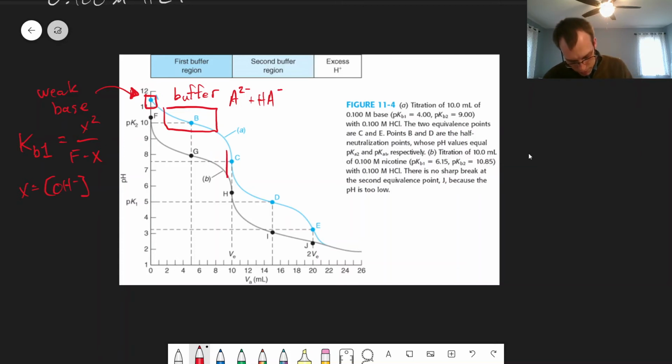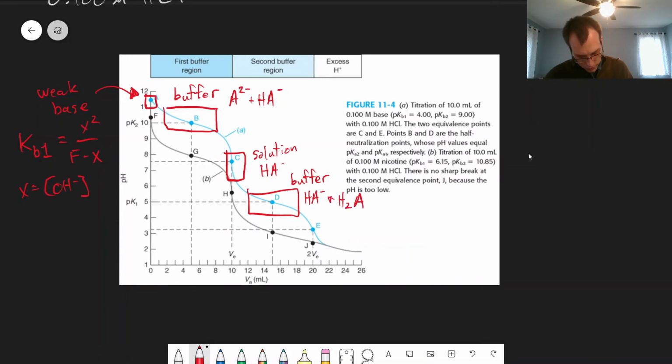We'll reach the equivalence point, and we'll have a solution of just the intermediate form, HA minus. Then we'll have a second buffer region here, and in that buffer region, we'll have HA minus and H2A present. I think I've changed my terminology here, but we're sticking with this.